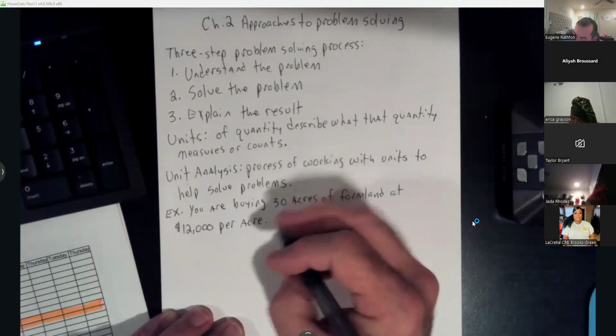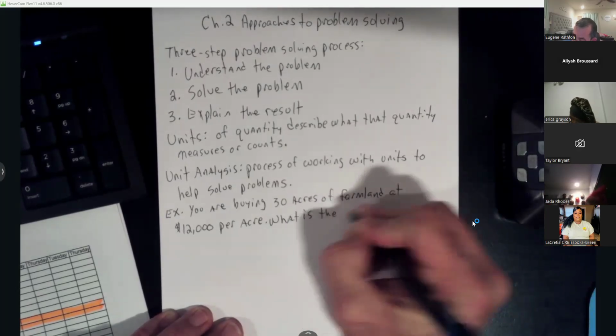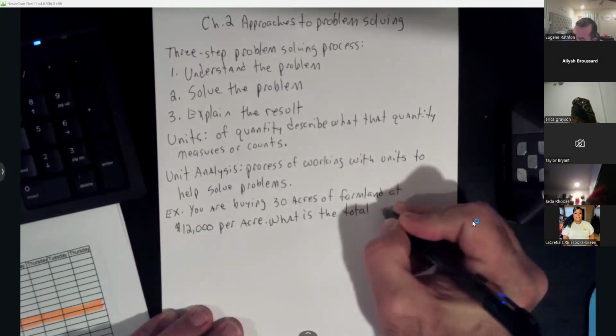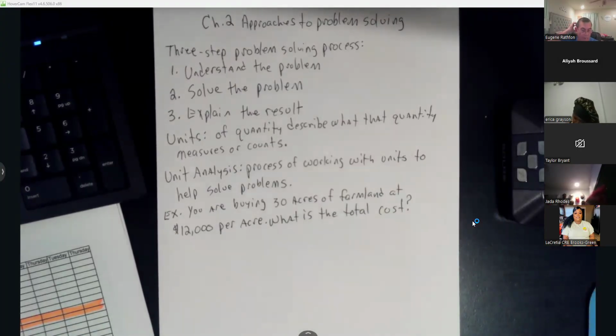They want to know, what is the total cost? So, if we're thinking about this problem, they're asking about total cost. So we would expect that to end up in units of money.